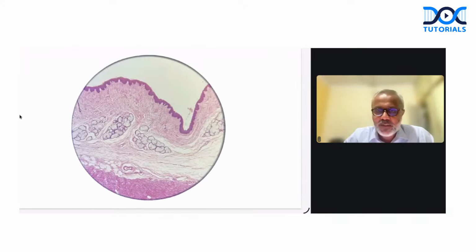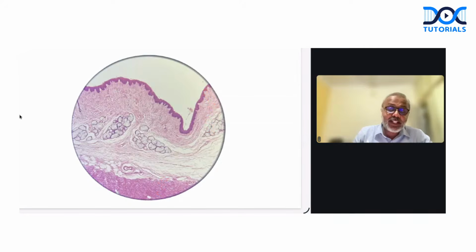This is the slide of esophagus. Again, the first question the examiner would ask you is, how do you say that this is the slide of esophagus? And your answer should be, sir, I can see 4 distinct layers of GIT here. The mucosa, then the submucosa, then there is muscularis externa.